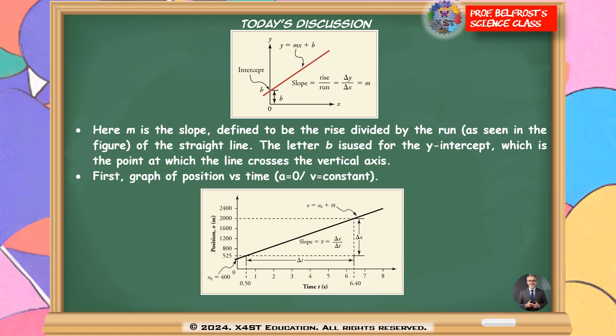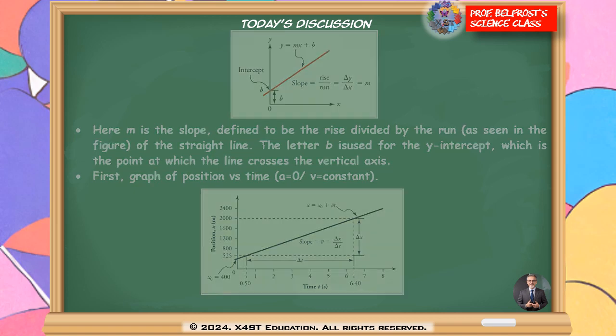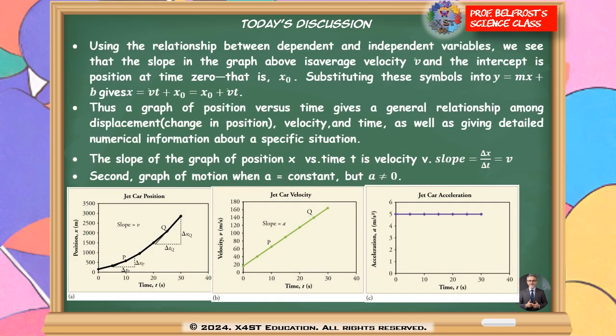The next thing is just an expansion on that basic concept we have learned. First one is the graph of position versus time for a equals 0, or v equals constant. Here's just an example. I will give you an example on this in the discussion of the problem. You see the relationship between the dependent and independent variable by substituting the variables with suitable values, and we get new equations.